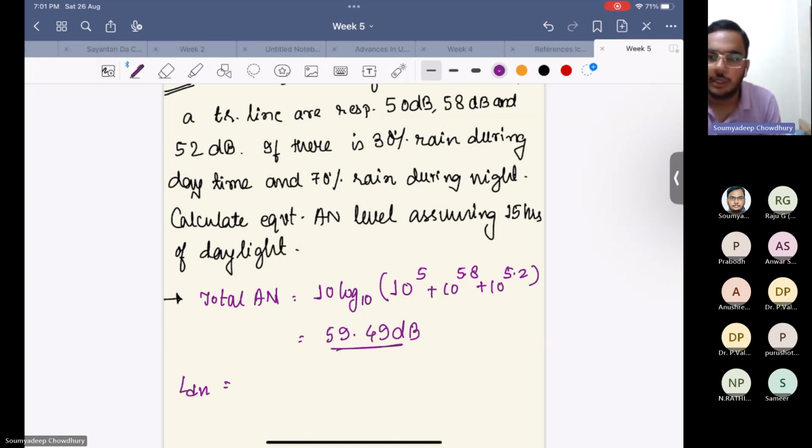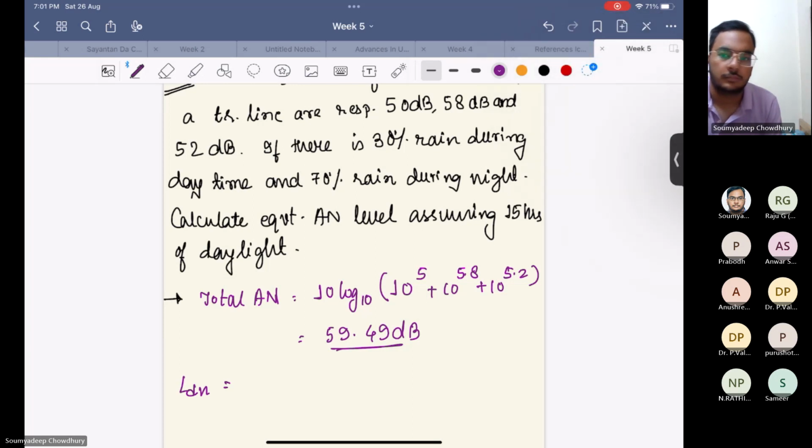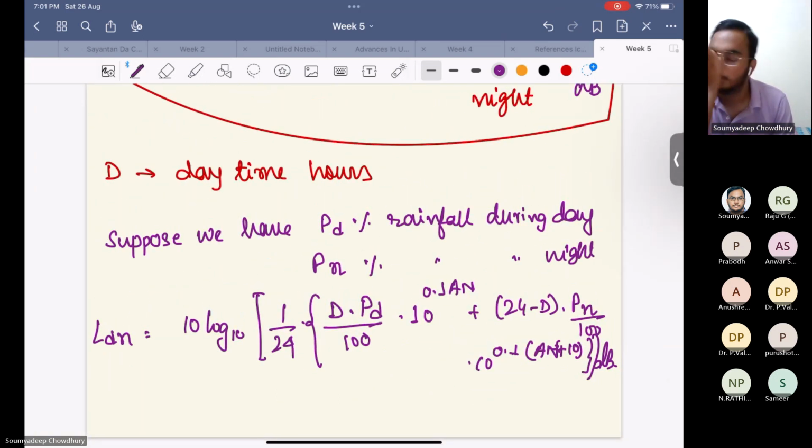What is the value of LDN you are getting? Anyone? You just have to substitute in that equation. This is our equation. So what is D here? Anushri, what are D, PD and PN? Can you tell?